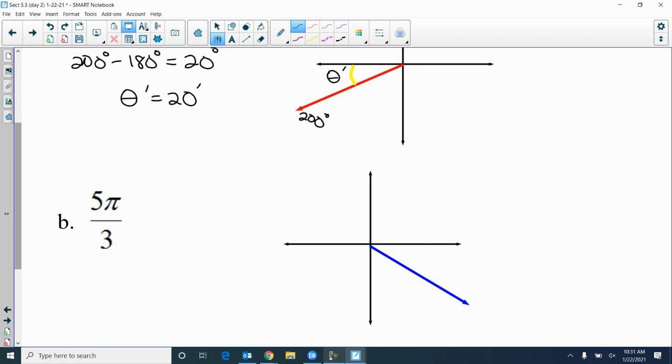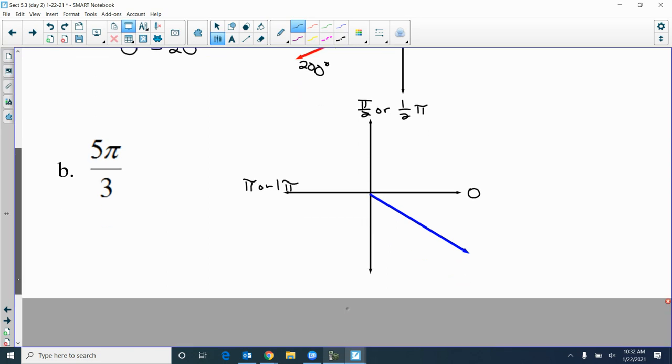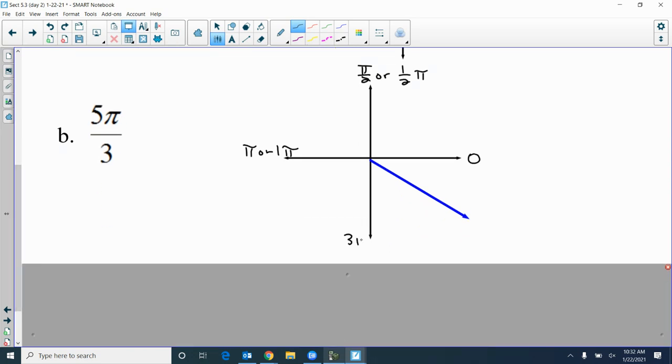Now for 0 degrees, that's 0 radians. 90 degrees is pi over 2, or you can think about it as 1/2 pi. 180 is pi or 1 pi. 270 is 3 pi over 2, or 1.5 pi.